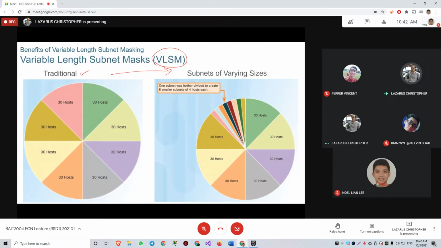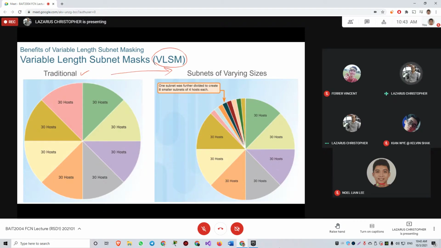Okay, so this is VLSM, variable length subnet mask. Why the name VLSM? Because the subnet mask is the prefix, right? So here the prefix will be 24 plus 3, which is /27, right? So maybe the other subnets you keep at /27.